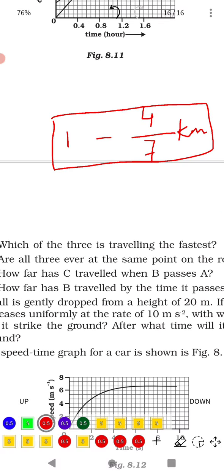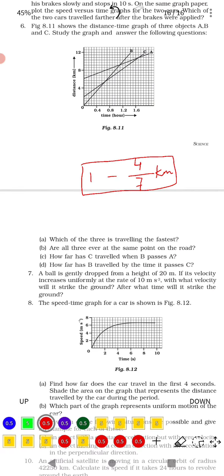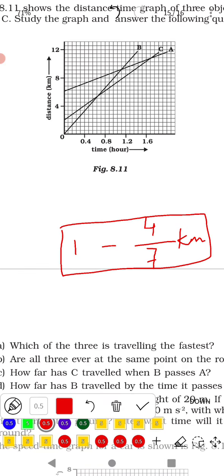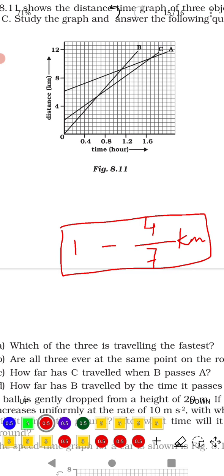Okay, so number C. How far has C traveled when B passes A? B passes A, that means we will consider the point of intersection of B and A. Which point is that? This is B, and this is A. So their point of intersection is this one, right?